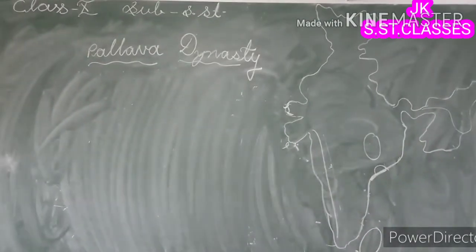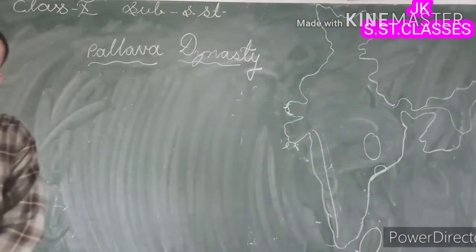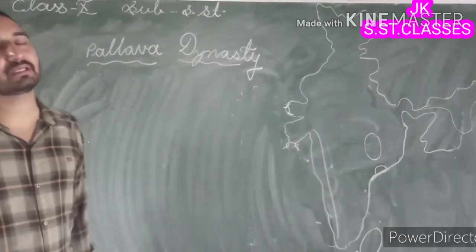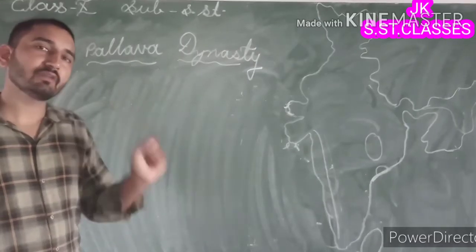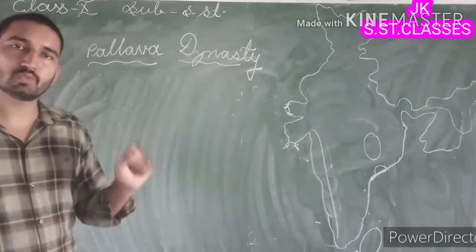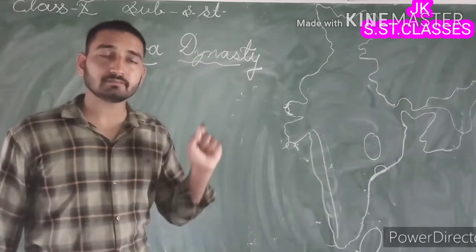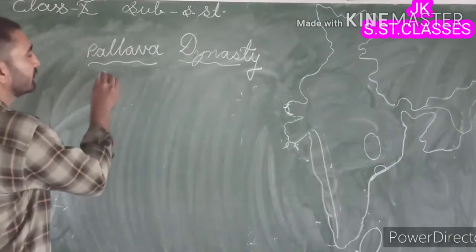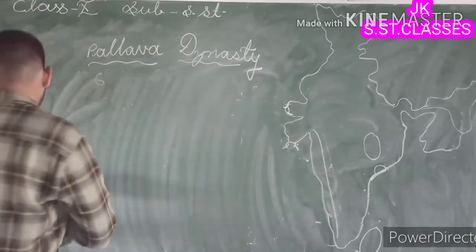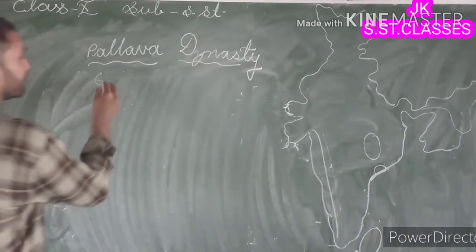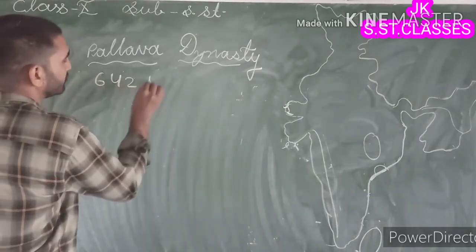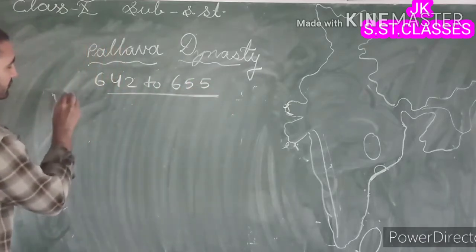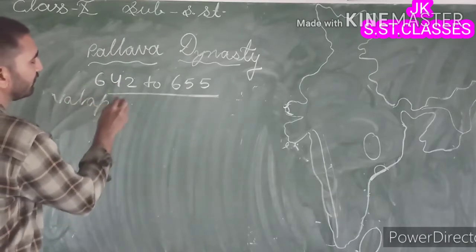Mahendravarman was defeated by Pulakeshin II in 610 Common Era, which was later avenged by his son and successor Narasimhavarman, who defeated Pulakeshin II in 642 Common Era and occupied Vatapi until 655. Meaning that from 642 to 655, Vatapi was under the domination of the Pallavas.